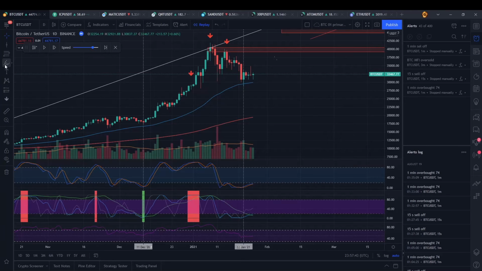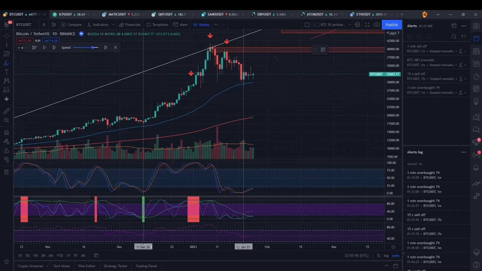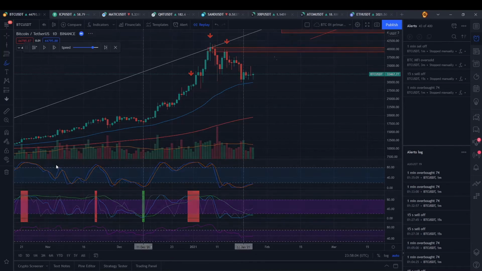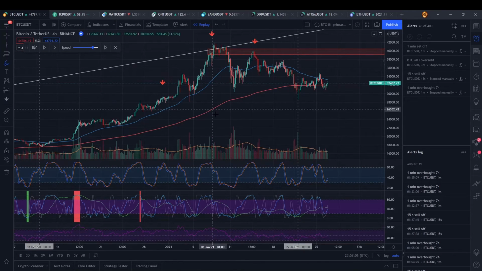Like for example here, this was a bit fast, so you couldn't have entered it. So never think, okay, this red one was extending in time and I could have simply entered there, because it would be very risky. Unless you're looking at lower time frames and you're managing it.